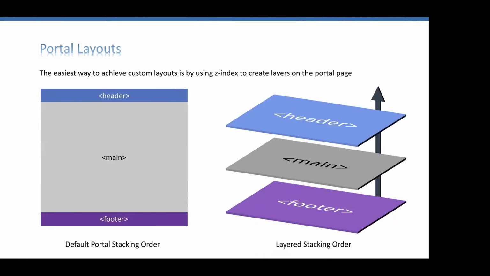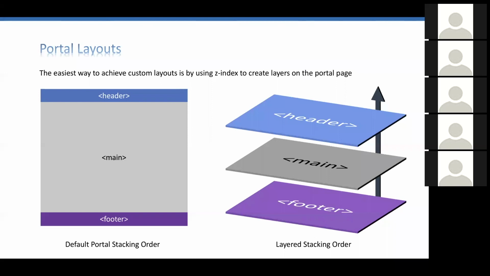So the easiest way for us to achieve custom layouts is by using Z-index to create layers on the portal. So instead of stacking it in a 2-dimensional sense, which is the default, we have to start thinking about our portals in terms of 3 dimensions. So you can see the default portal stacking order on the left, and the 3-dimensional layered stacking order on the right. What we're trying to do is make the header, main, and footer all take up 100% of the height and width of the screen, and then we use Z-index to layer them on top of each other.